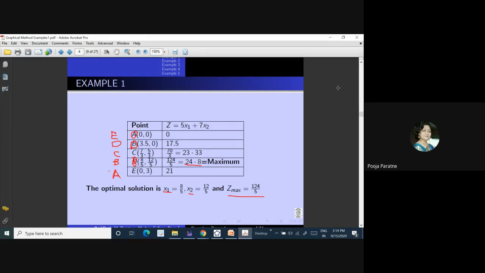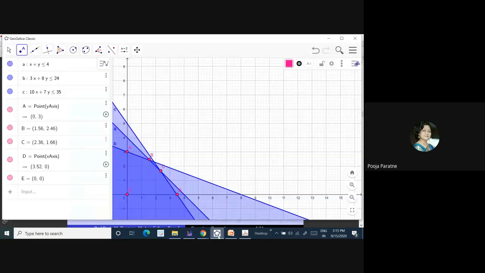Here, whatever it may be, the values we are getting are our values of decision variables, which we will consider. So finally, we can write down that the optimal solution is x1 equal to 8 upon 5, x2 equal to 12 upon 5, and the value of Z max is 124 upon 5. So again, check this diagram.